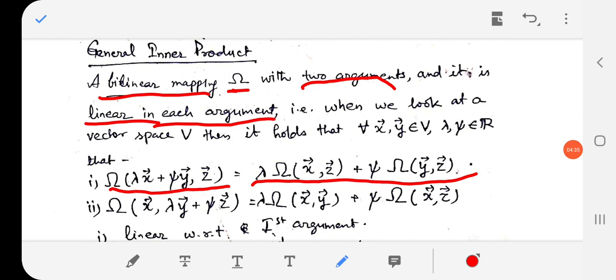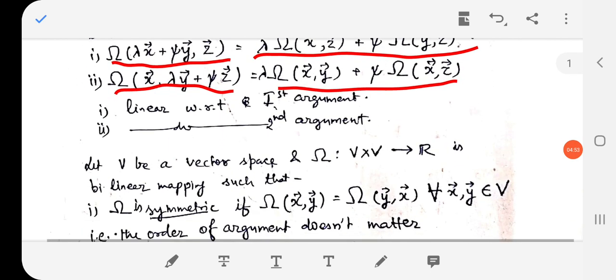Similarly, for the right argument also, you can express it as a linear mapping, and that's why it is called bilinear, because for the left argument it is linear and for the right argument it is also linear. If these two properties are fulfilled, then we say that the mapping is bilinear.